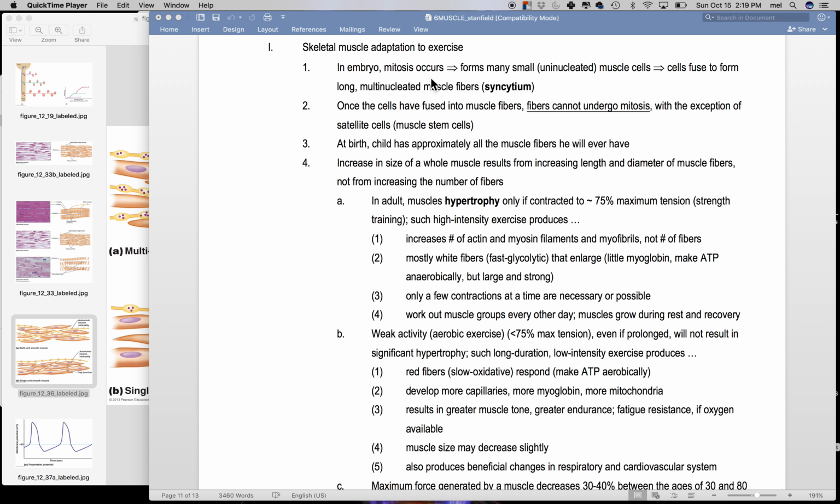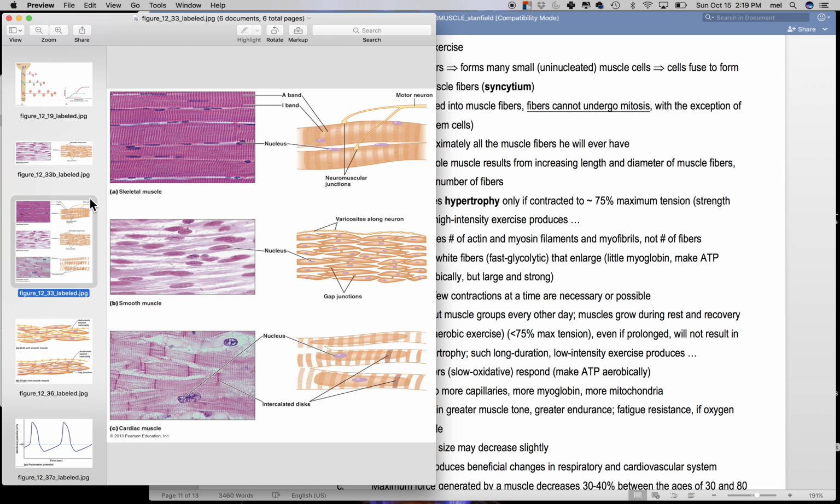They're called myoblasts, precursors to muscle cells. But during embryonic development, after they go through cell division, they actually fuse into these multinucleated skeletal muscle fibers that you're used to seeing, right?